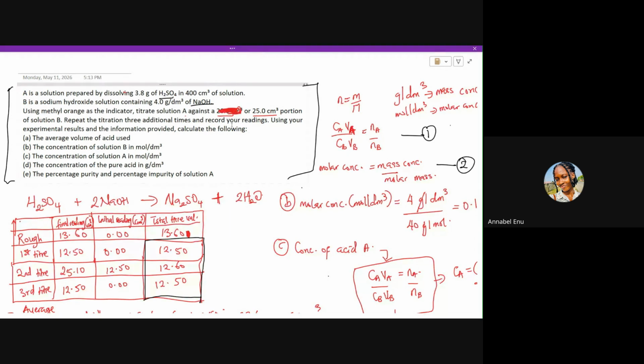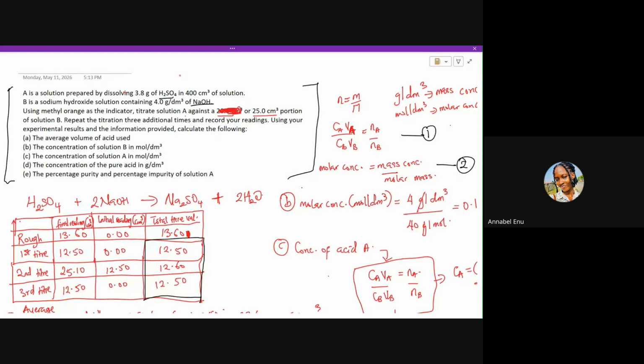So the concentration of our pure acid, they said in gram per dm cube. So based on the question, we have our mass of acid. Look at the question. A is a solution prepared by dissolving 3.8 gram of acid. Are you seeing it?